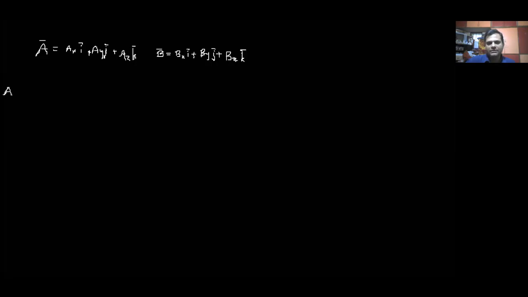So a bar dot b bar will actually be equal to ax into i bar plus ay into j bar plus az into k bar, the dot product of this with another vector, that is bx i bar plus by into j bar plus bz into k bar.